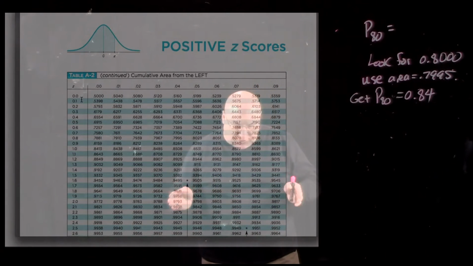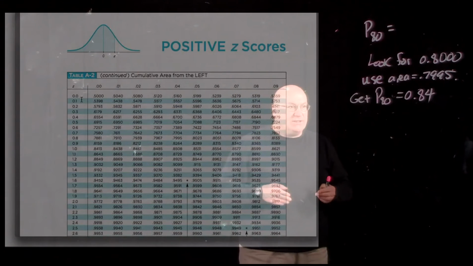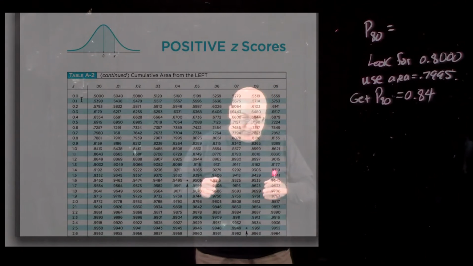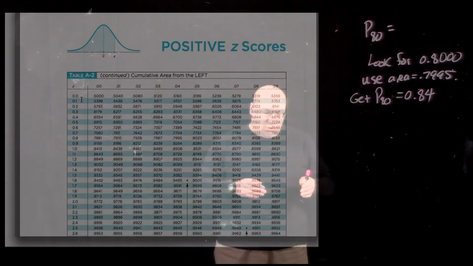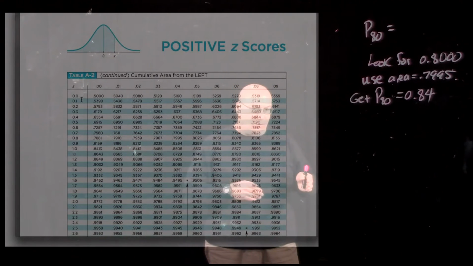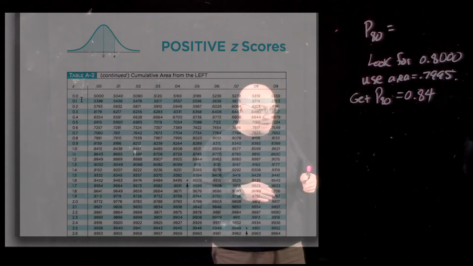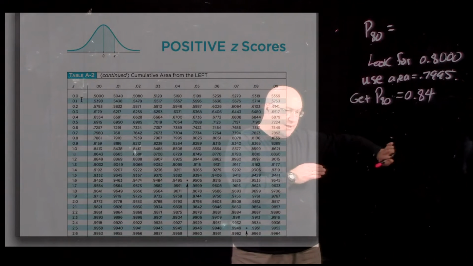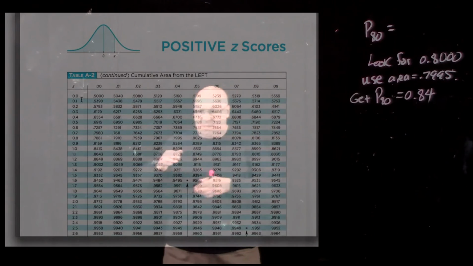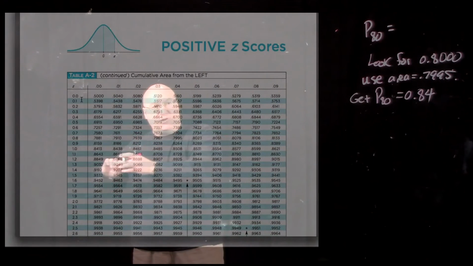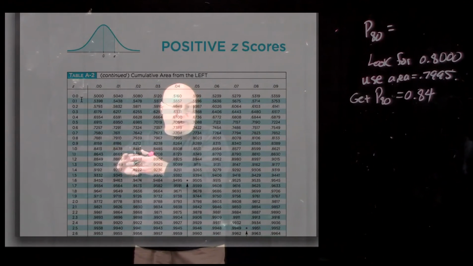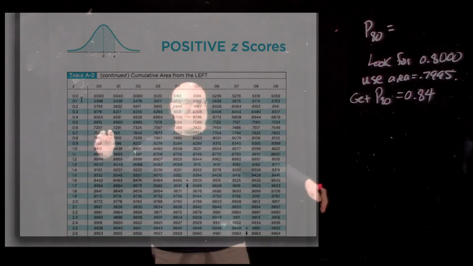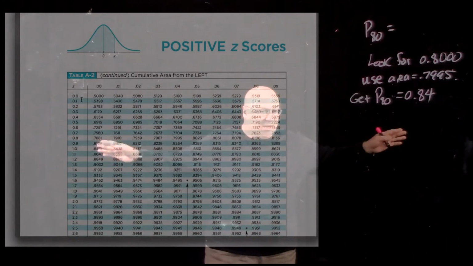But right now, think of a critical value as a z-score that corresponds to a cutoff value, such that everything bigger than that z-score we're going to call unusually large, or it might be a cutoff value way over here, such that everything less than that we're going to call unusually small. So they are z-scores that give us cutoff values.